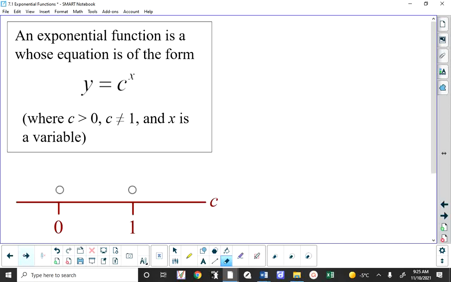So visually what this means is if you look at a number line that represents the base c, you're not allowed to have a base of 0, and you're not allowed to have a base of 1. And I would like you to write this little diagram down in your notes because we're going to be adding to it to help you understand different types of exponential functions.